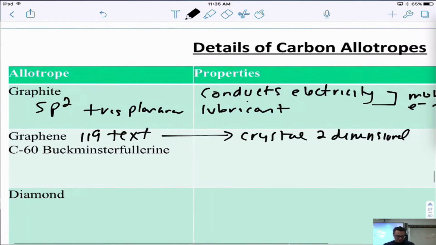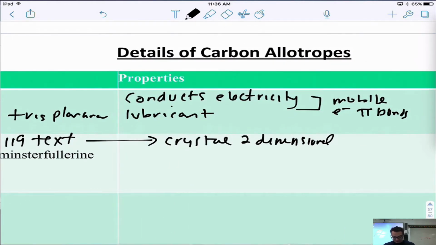So it will have some of the properties of graphite, for example, it will conduct electricity, and it can be used as a lubricant. But something really interesting about graphene is that it is about 300 times more conductive than copper.